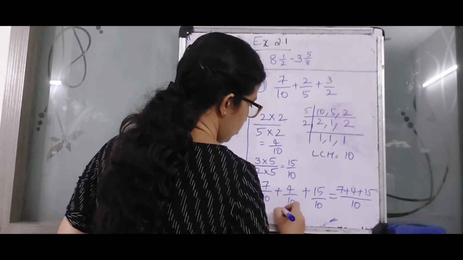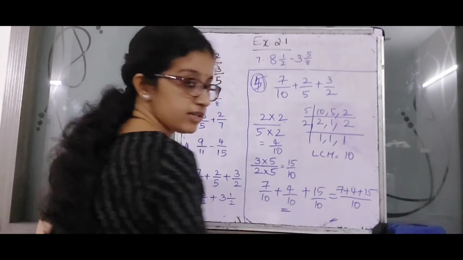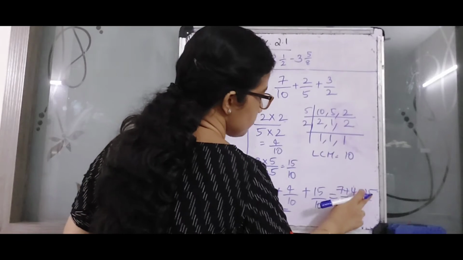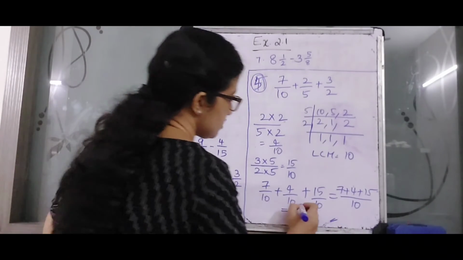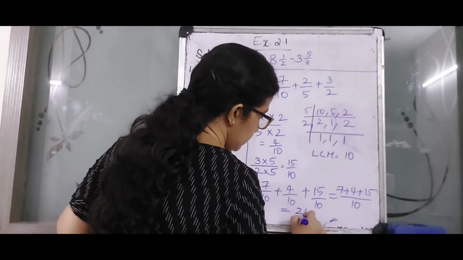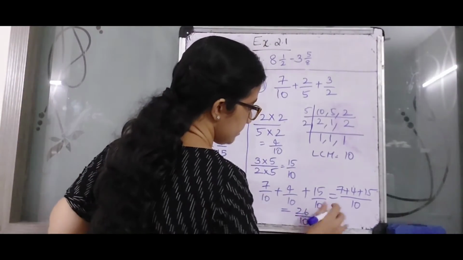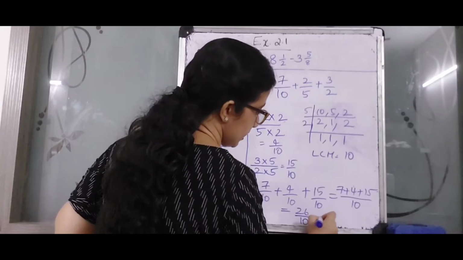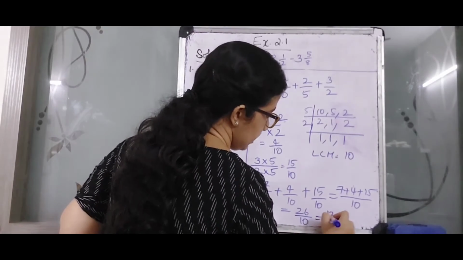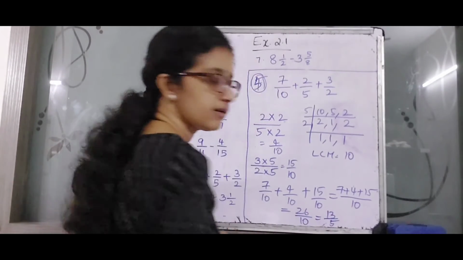That is equal to 7 plus 4 is 11. 11 plus 15 is 26. 26 by 10. Okay. So if we simplify this, this can also be written as 13 by 5. Correct?